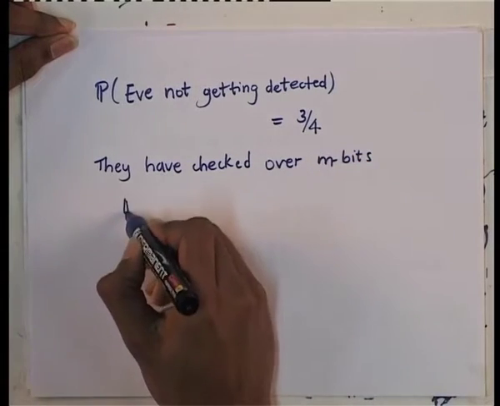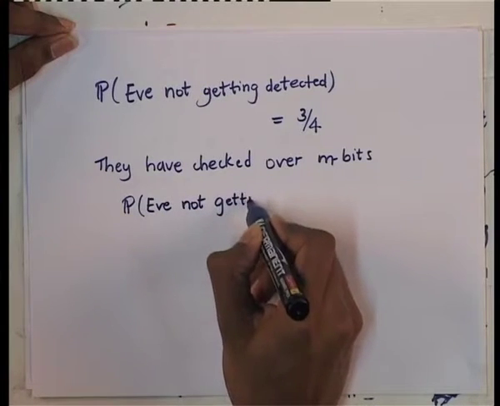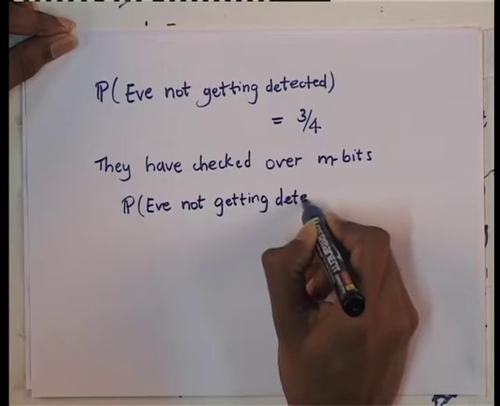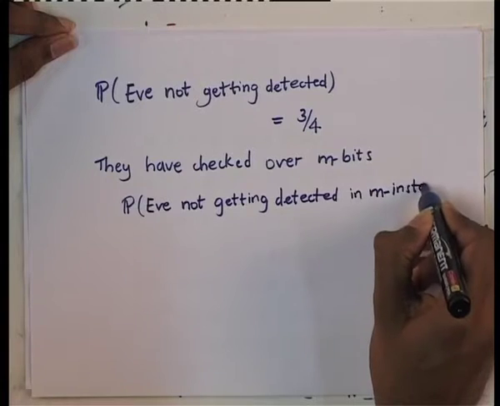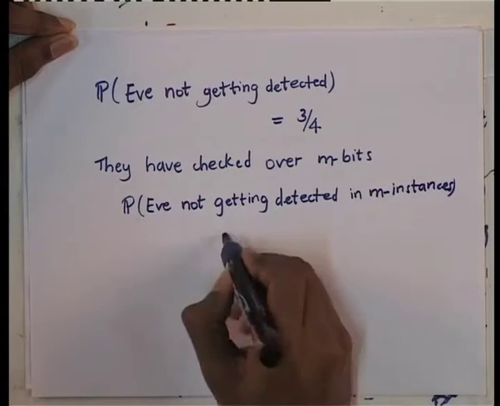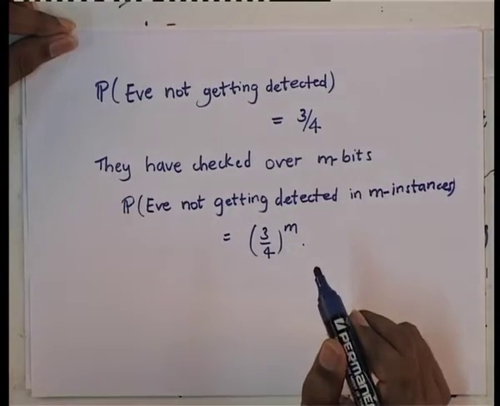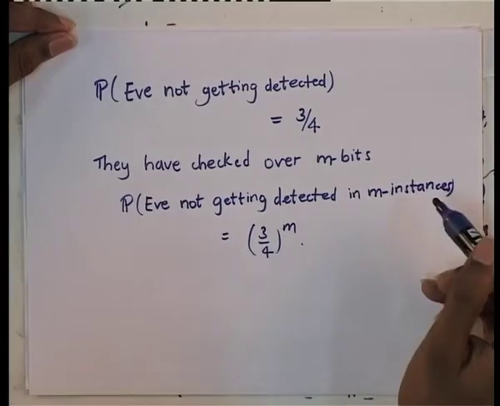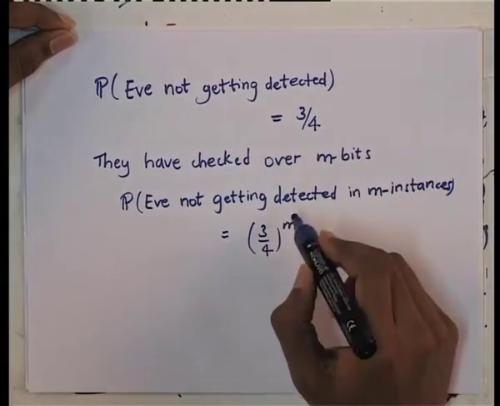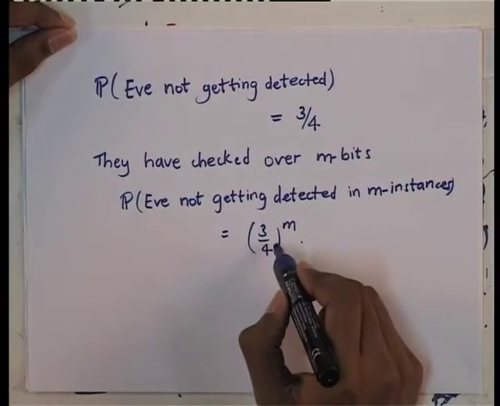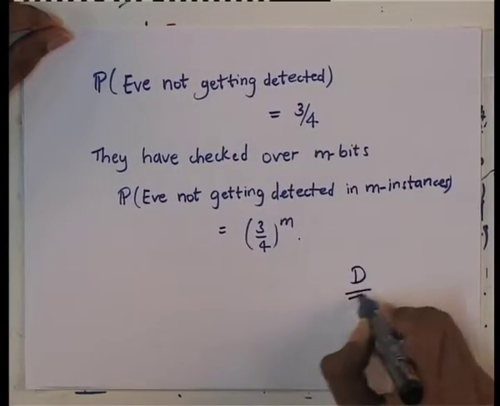So probability of Eve not getting detected in m instances is 3 by 4 power m, because these m events are independent. In each case Eve should not get detected. So we need to multiply 3 by 4 m times, which gives us a result 3 by 4 raised to the power m. So the correct answer in this case is D.